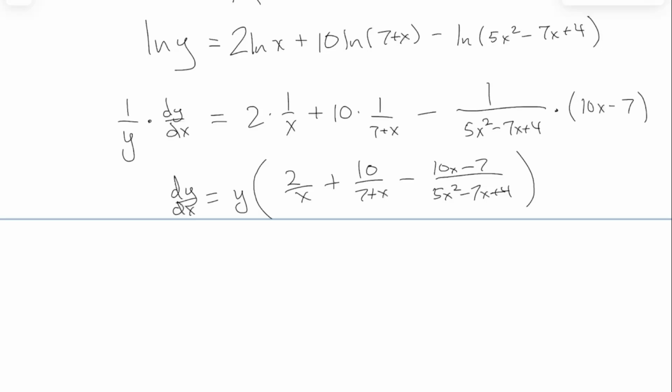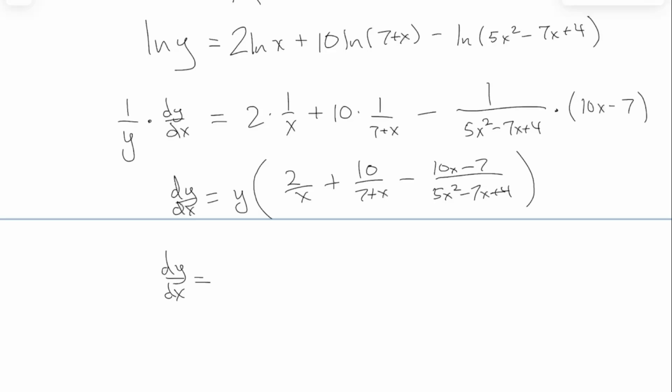And then for my final answer, I want my answer to be in terms of x, because I'm supposed to be taking the derivative of a function in terms of x. This y I will simply replace by the original formula that I started with, which said y equals that big fraction, right?